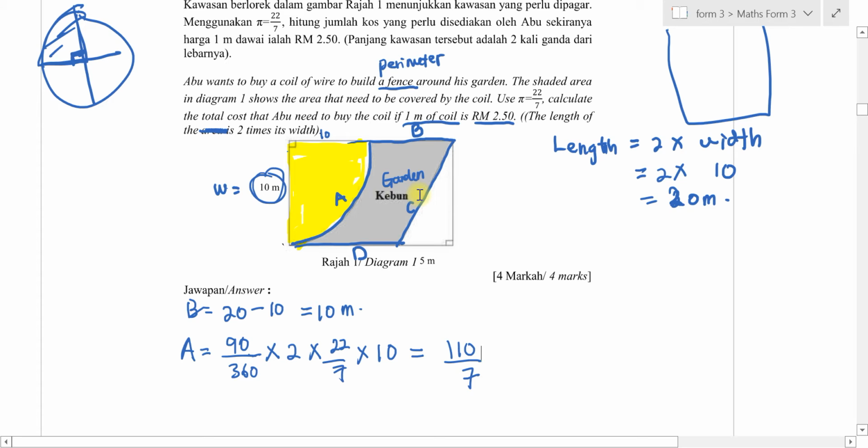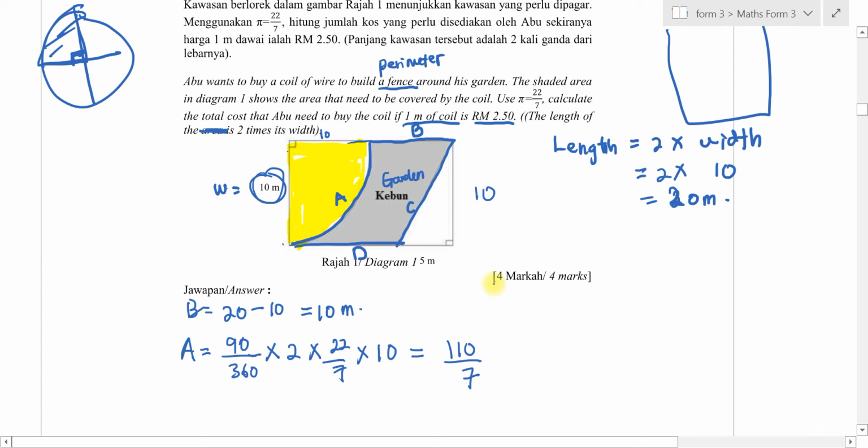This one is 10 for sure, we know. But without D we cannot do C, because we can use Pythagoras theorem, but they never give anything here. That's the problem.